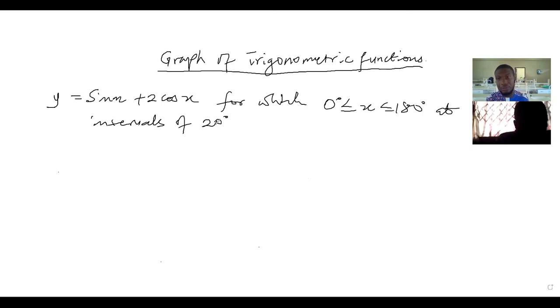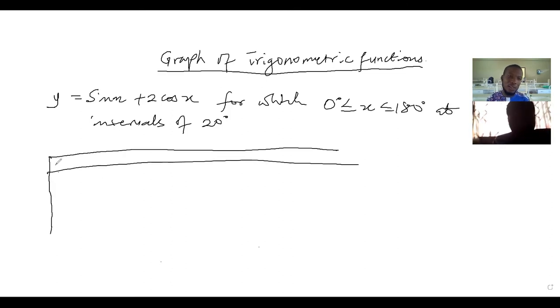Okay. So here, like I said, I'm just going to concentrate on the table. Then you will draw the curve and show it to me. We are going to have our x. Then after x, we are going to have sine x.